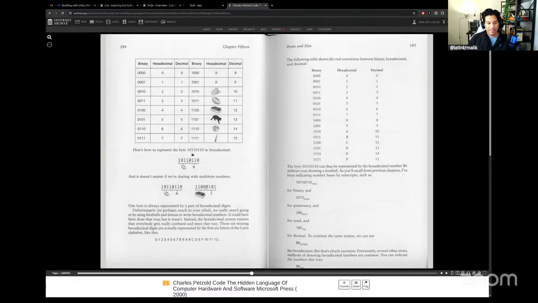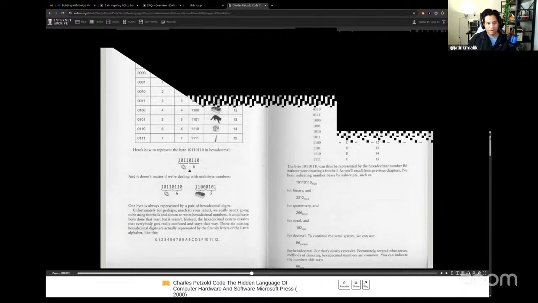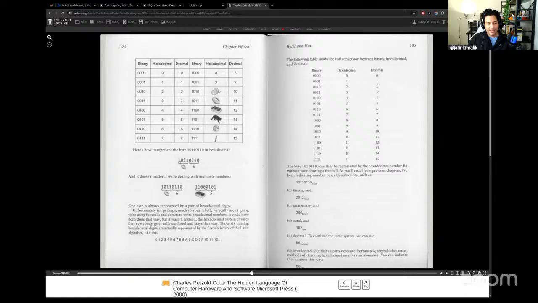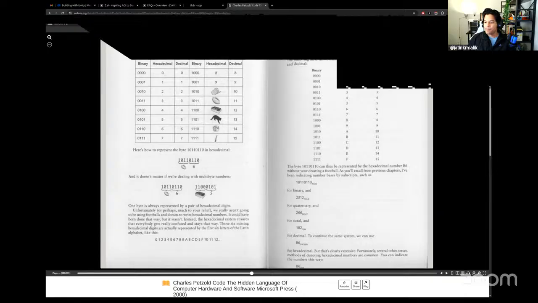Here is how to represent the byte 10110110 in hexadecimal. So there is a football and a 6, and we are using 4 bits as we discussed, a nibble. So 4 bits is always used for one digit. And can anyone tell me why we use 4 bits here? I'm just trying to see if you guys are listening.